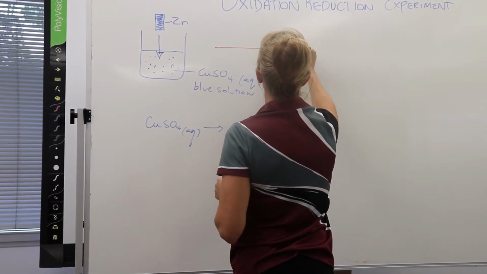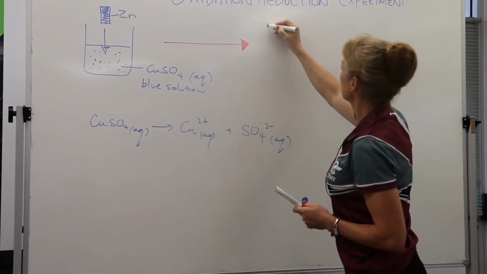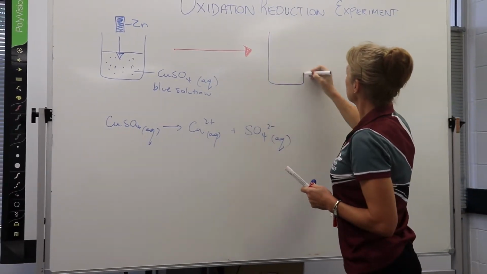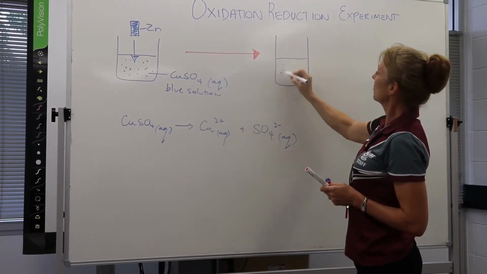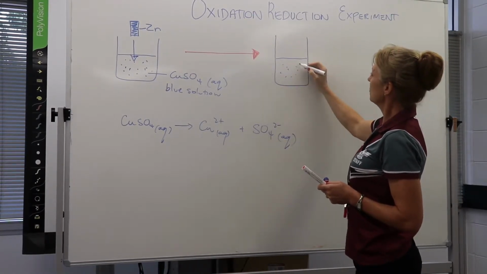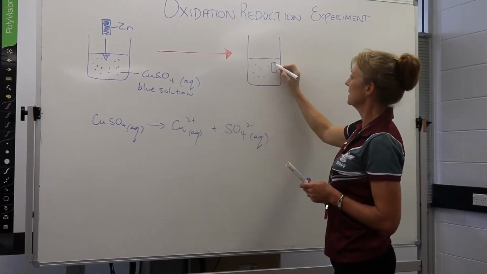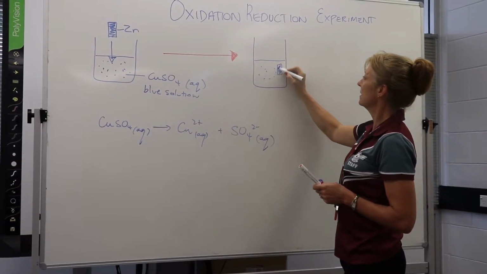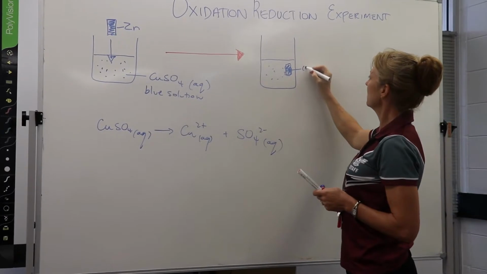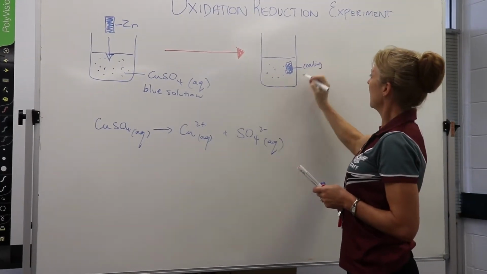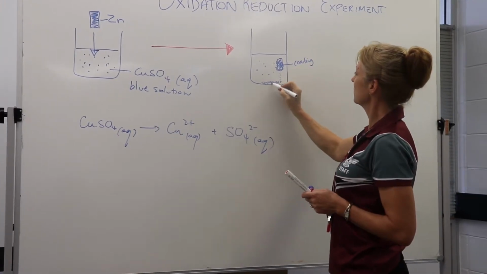The result would be, and you're going to do that this afternoon to prove that this is absolutely true, here's your beaker again with your copper sulfate, and your zinc has gone from a beautiful silver colour to a deep black. It gets coated immediately, and you start to get things falling out and falling to the bottom.